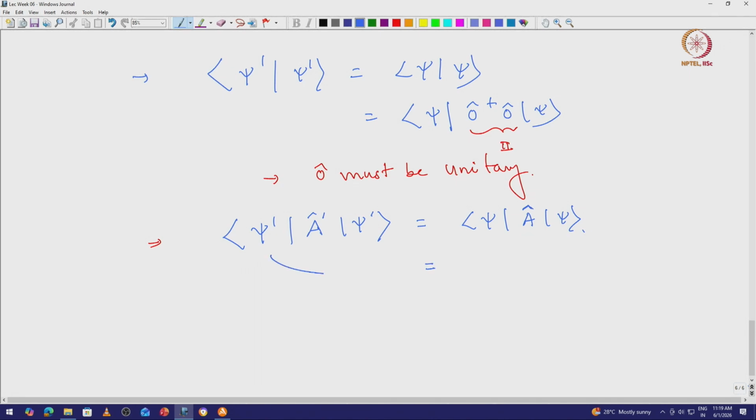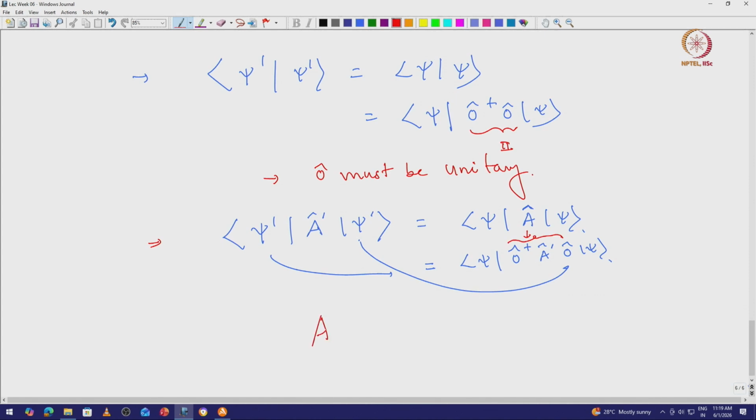So, starting from here, we will get psi O dagger A O psi, which is A prime. Now this should be equal to this.